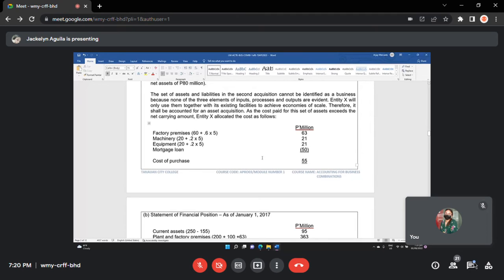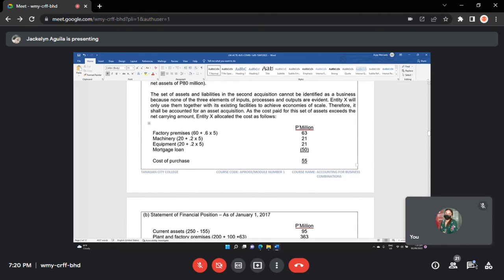Tapos yung 0.6, ito yung percentage or ratio nito, ratio share nito sa total amount of assets. At yung 5 naman, yun yung differences ng 55 million consideration sa vendor at ng total amount ng set of asset and liabilities. Ganon din po yung process sa machinery at equipment.